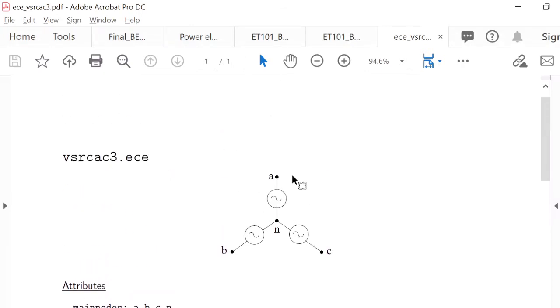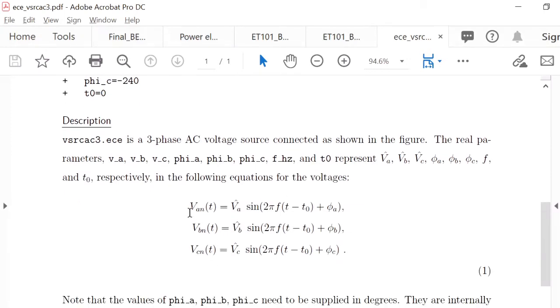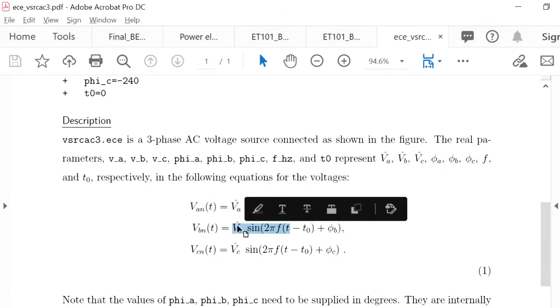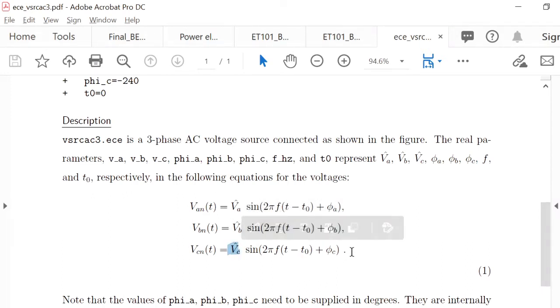VAN is called the A phase voltage, VBN is the B phase to neutral voltage, and VCN is the phase to neutral voltage of the C phase, along with their equations. Here we have to substitute the maximum value for each of these phases, and also their phase values. This T0 we can keep as 0.